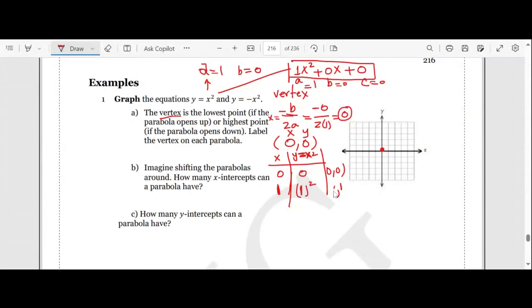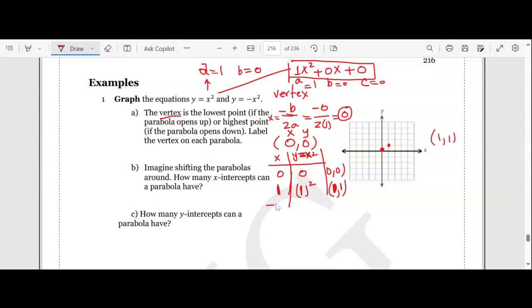Which is 1. So it's 1 and 1, right? So where is 1 and 1? Over there.